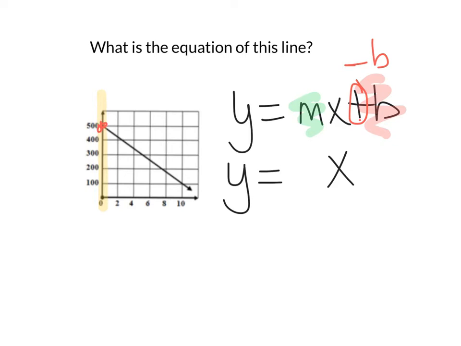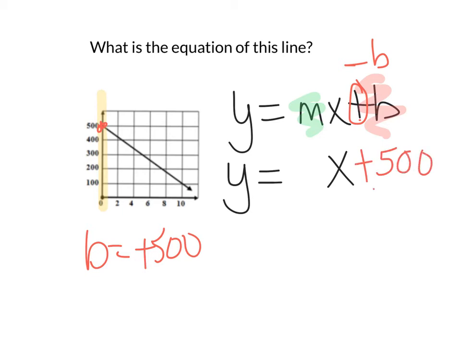So my y-intercept here, my b, is equal to a positive 500. So I can fill that in for my equation now. I do know that b is 500, so I'm going to write plus 500. That's telling me where the graph started. That's where it's going through the y-axis, excuse me, the y-intercept.